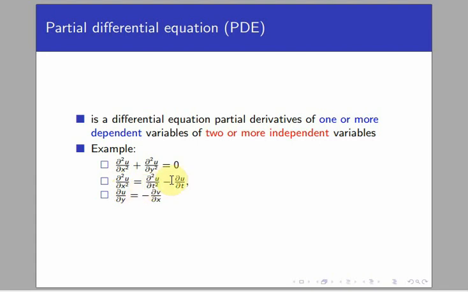So this is a partial differential equation.